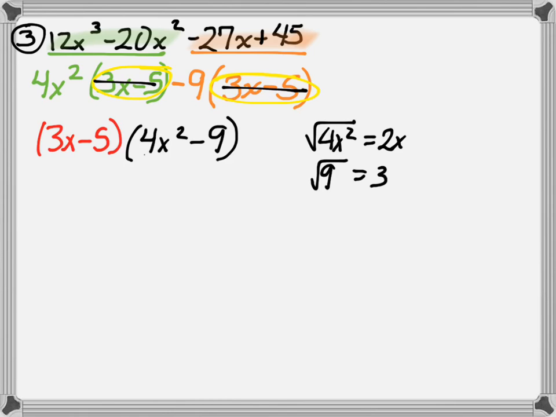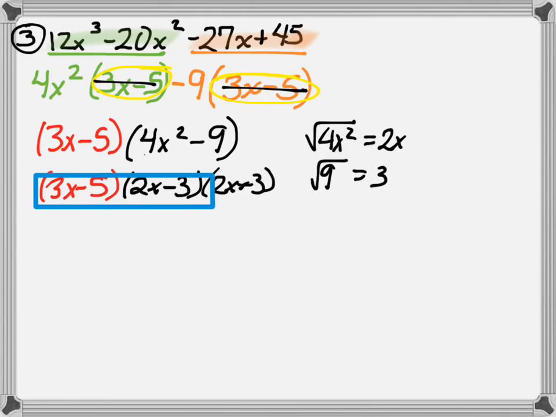So that 3x minus 5 just gets written down for the next line. And then we are going to factor 4x squared minus 9. And this is the difference of squares, so it's 2x minus 3 and 2x plus 3. And that is my final answer.